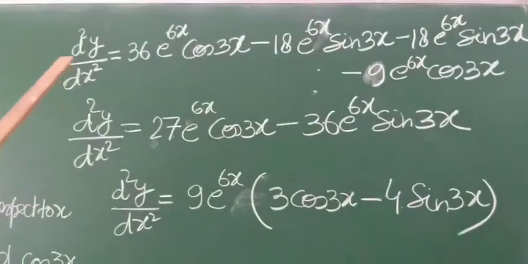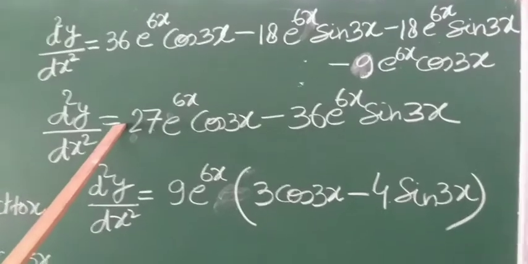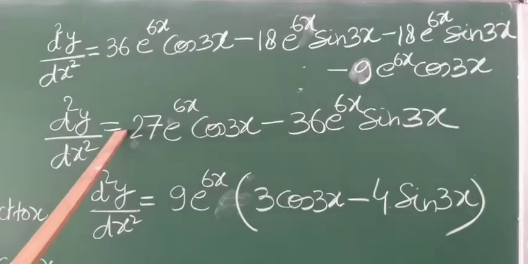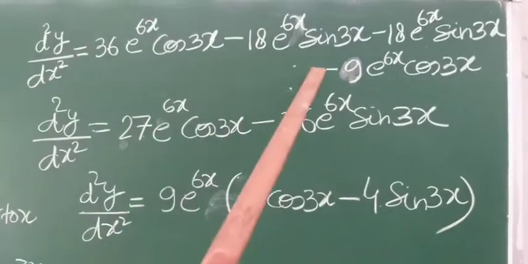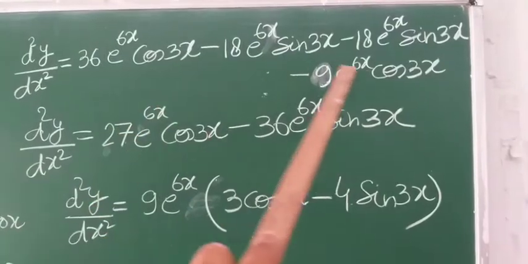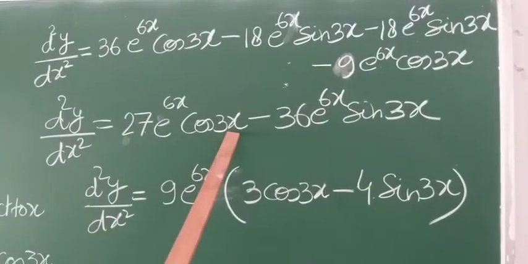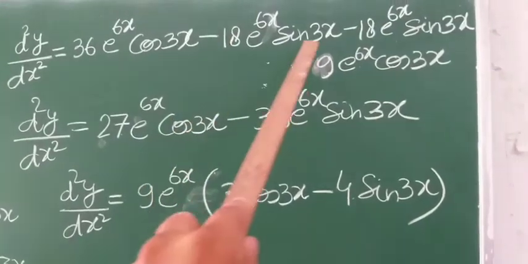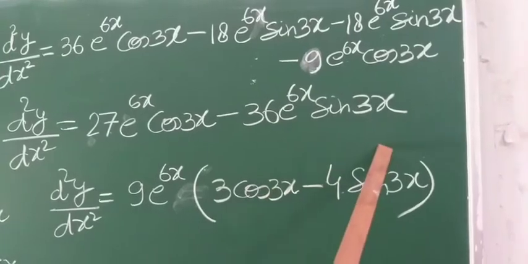Now students, d square y upon dx square equals... let's solve the like terms. 36 e to the power 6x cos 3x minus 9 e to the power 6x cos 3x, then it will be 27 e to the power 6x cos 3x, minus 18 minus 18, that is minus 36 e to the power 6x sin 3x.